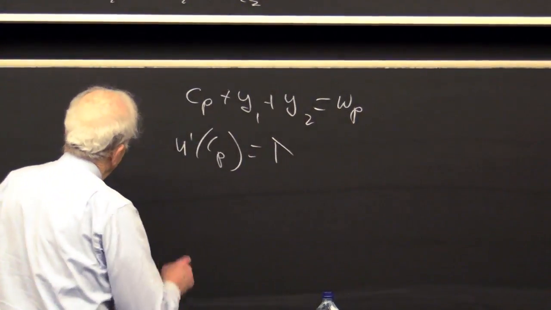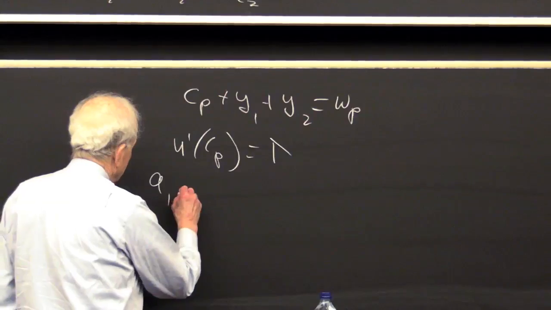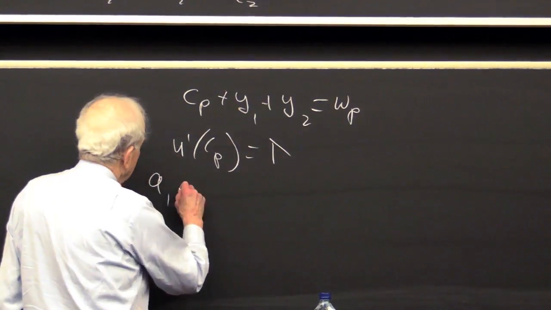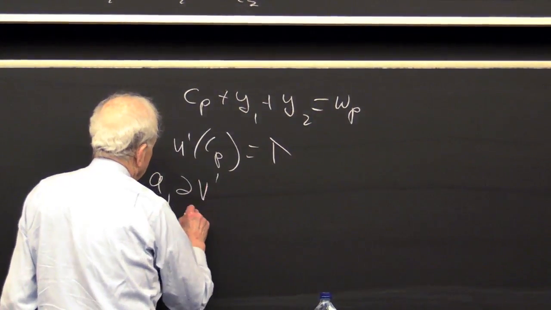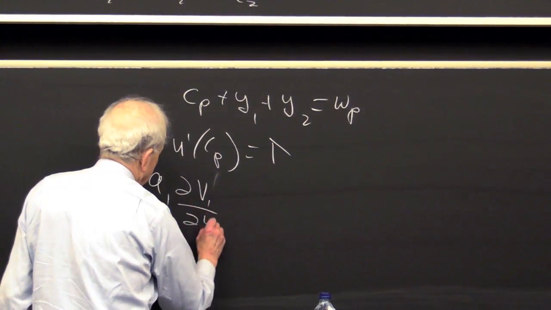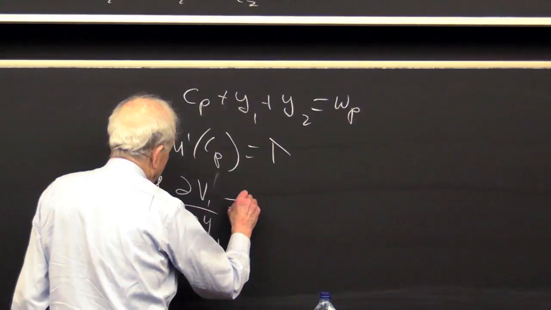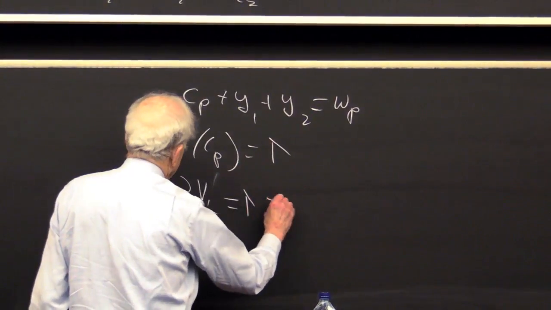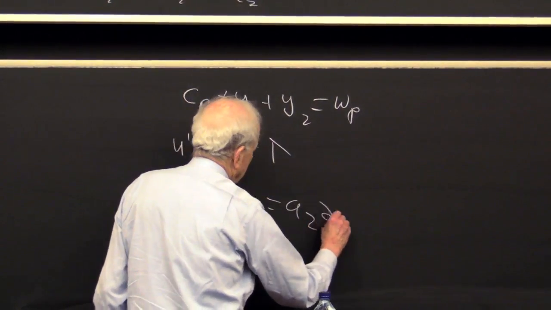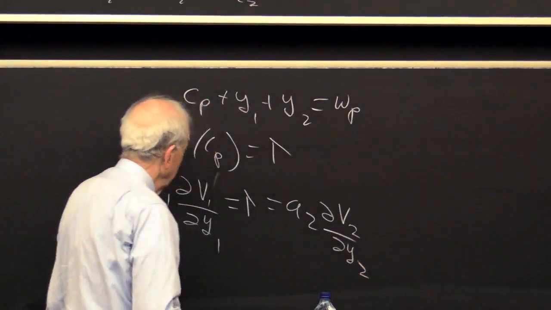Okay? And then we would have, let's write it down generally, A1, dV1, dy1 is equal to lambda, is equal to A2, dV2, dy2. Okay?